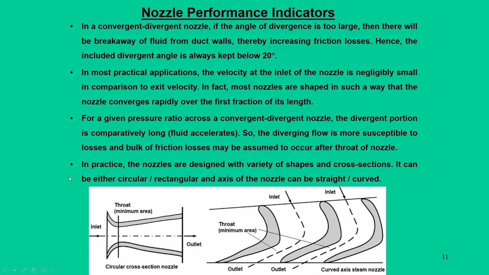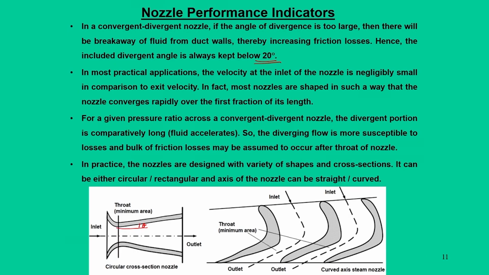Now, normally when you use these nozzles for a perfect gas, the divergence angle, referred to as theta, is always kept below 20 degrees. If it is more, there will be a breakaway of the fluid from the duct wall and it increases the friction losses.